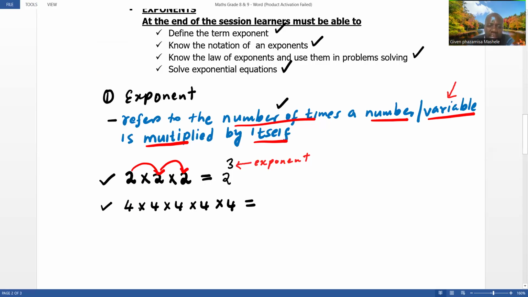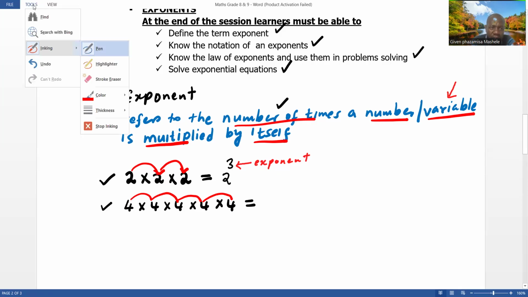We are multiplying 4 by itself, but the question is, how many times are we doing that? So it's 4 by 4, 4 by 4, 4 times 4, which is the same as 4. We're just taking 4 here, then we count how many times we are multiplying this 4 by itself. So what would be the answer?